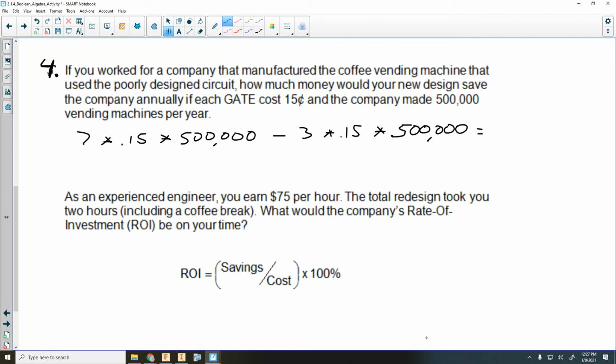A lot. Everybody have their calculator handy? $300,000.